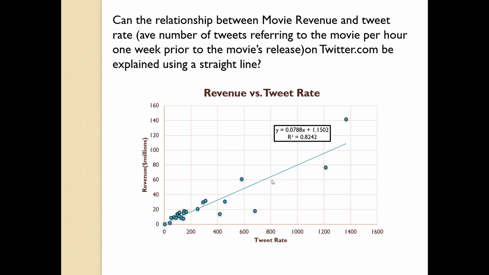There is a slight concern area here as we look at this, and this will be something we won't deal with for quite a while, but there's this thing called non-constant variance, and that's just where the spread for certain ranges of the data is wider than for other ranges of the data. For instance, we see a pretty tight clustering along the line at the lower levels of tweet rate and the lower levels of revenue.